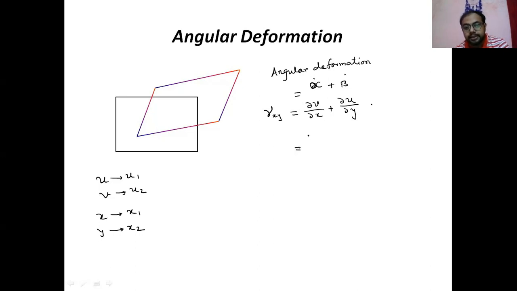It is del U2 del X1 plus del U1. You see the opposite here. What is the opposite? It is better to write del Uj del Xi.